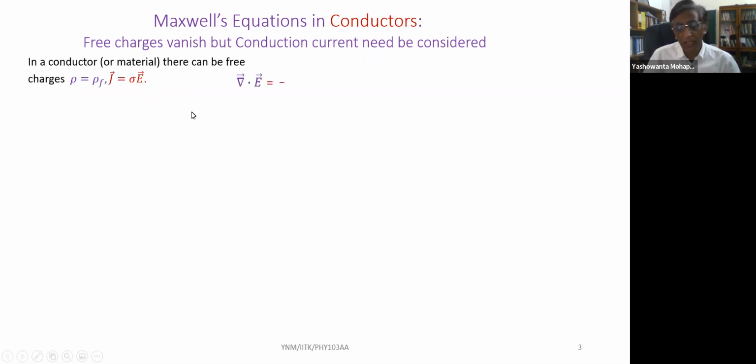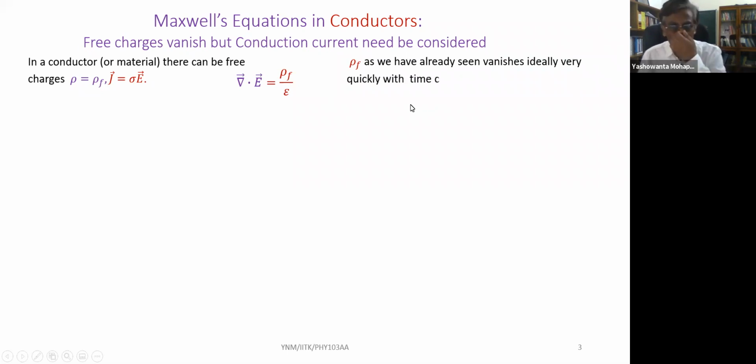Ideally rho f vanishes very quickly, within the dielectric time constant, epsilon by sigma. Since sigma is very high, for a perfect conductor sigma is infinity, it will simply vanish very quickly.